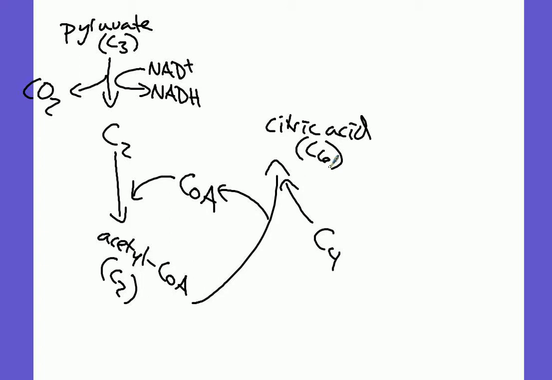So citric acid, next, is going to turn into a 5 carbon molecule, right? And what you guys are supposed to recognize and see a pattern with is just like in that very first step, I lost a carbon here. I went from 6 to 5, just like over here, I went from 3 to 2 in that very first step.